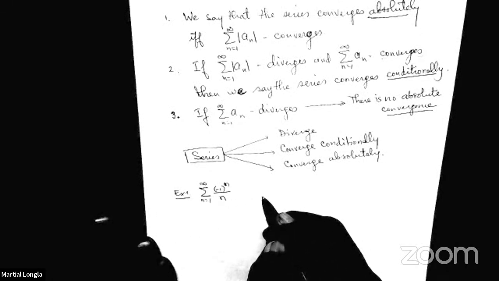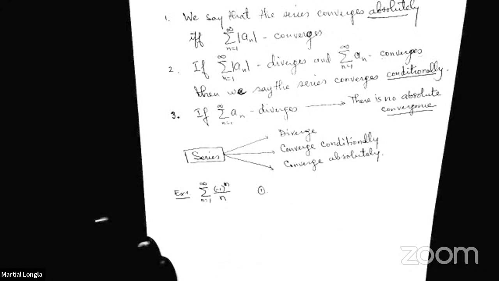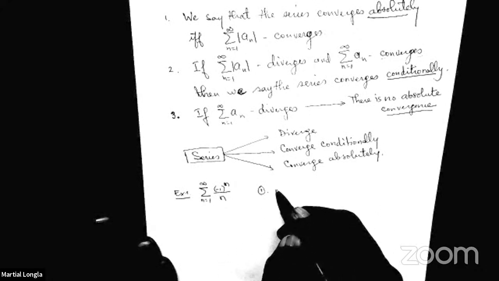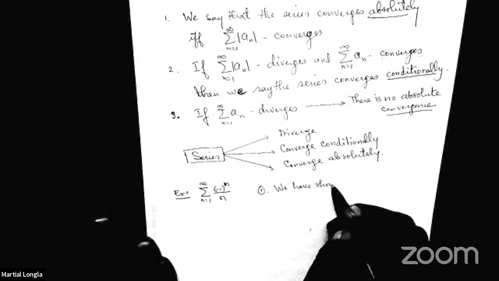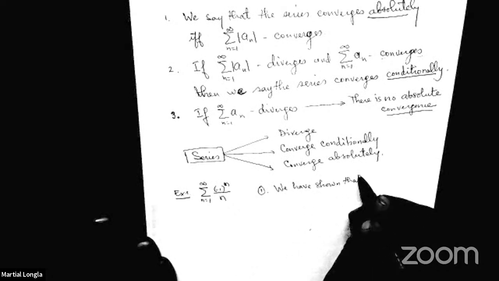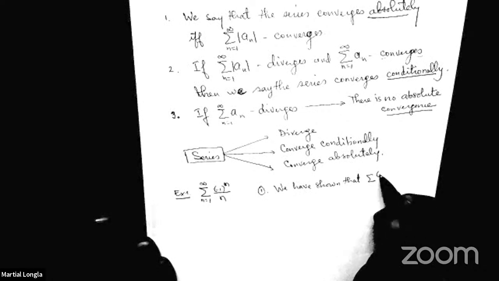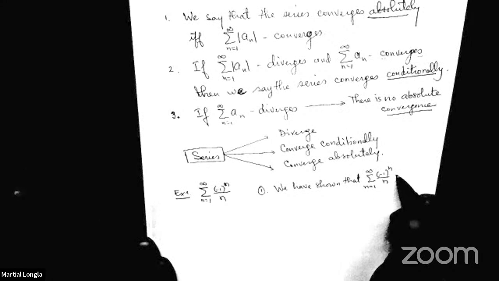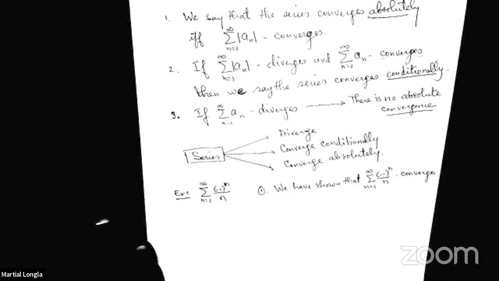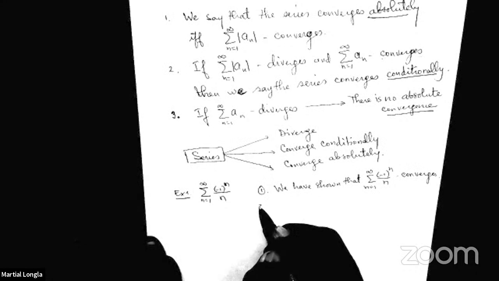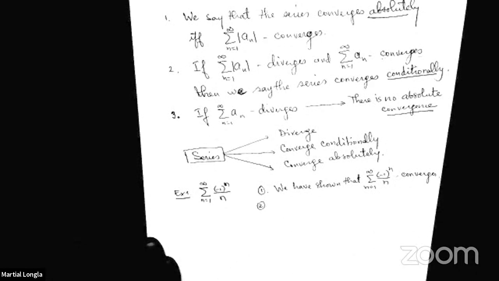So first of all, we have already shown that this sum, (-1)^n over n from 1 to infinity, converges. We know that. We have shown that using the fact that it's an alternating series in the first part of the class.